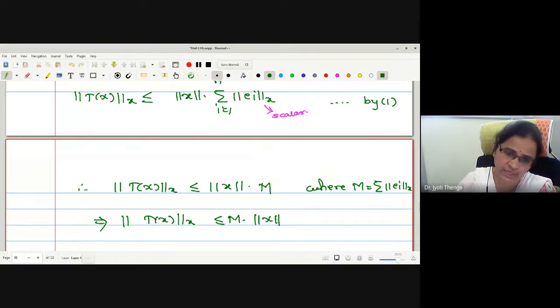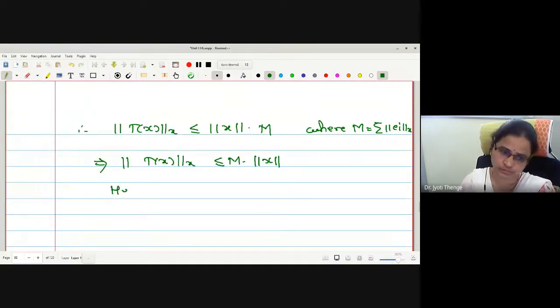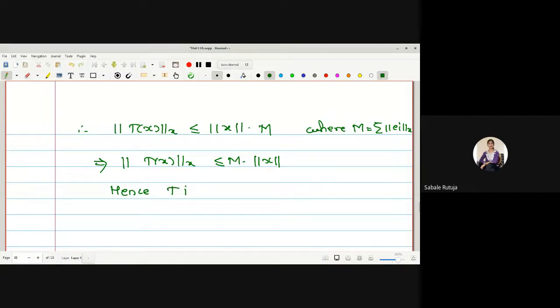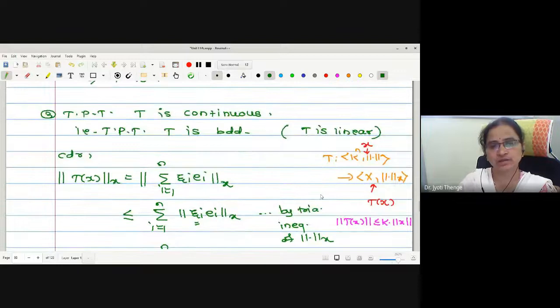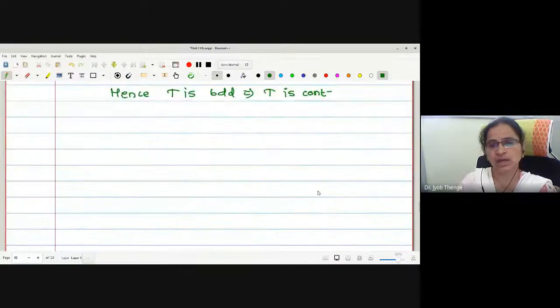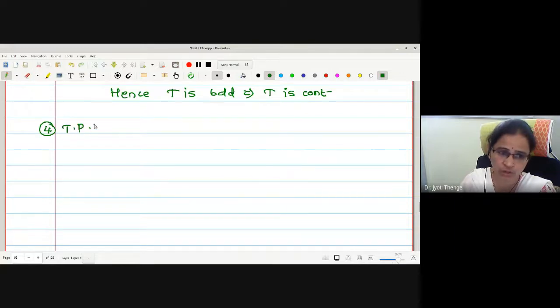Therefore, can I say T is bounded? Yes, ma'am. T is bounded implies T is continuous. Third step we have completed, proving T is continuous in an easier manner. Okay, let us go for the fourth step, to prove that T inverse is continuous.